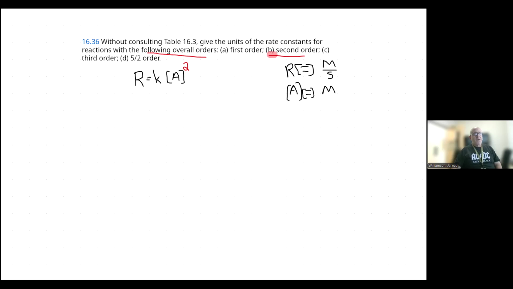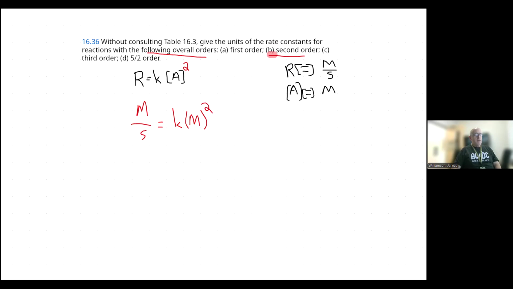Now remember, rate is always molarity per second and concentration is always molarity. So we're going to have molarity per second equals K. And this is always molarity, but this time it's squared.